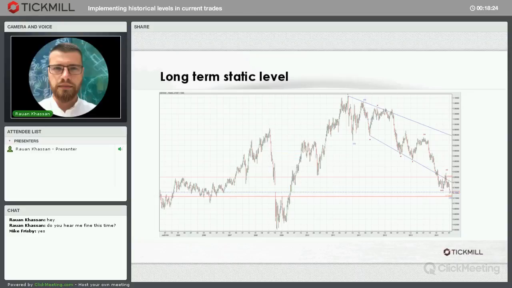There are two static lines depicting the time frame, and I suggest to start with the lower one. Its clear value is 0.7260. Let's see how it is recognized on bigger time frames. This is a weekly time frame.